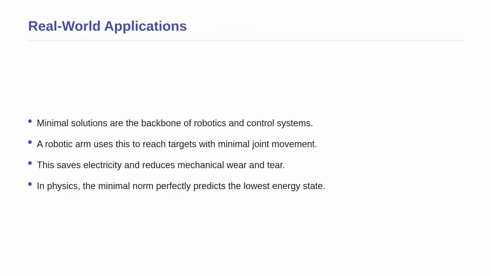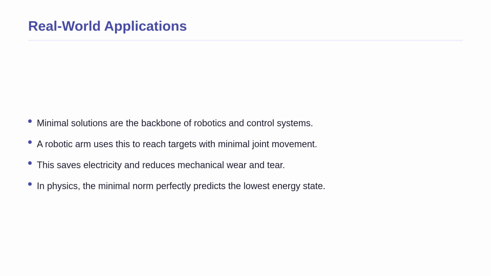This mathematical derivation we just completed brings us to an important question. Why does this matter in the real world? Minimal solutions are actually the backbone of many modern technologies, especially in fields like machine learning, robotics, and control systems. Imagine a robotic arm that has 7 joints but only needs to move its hand to a specific three-dimensional coordinate.